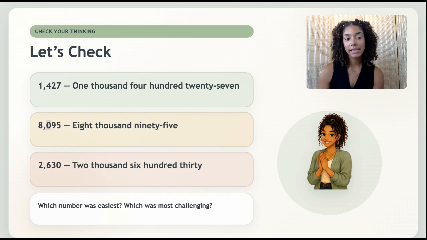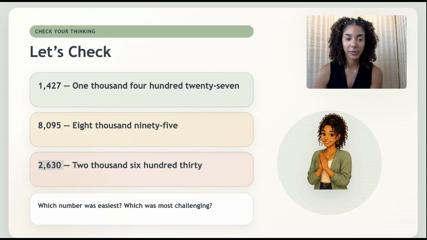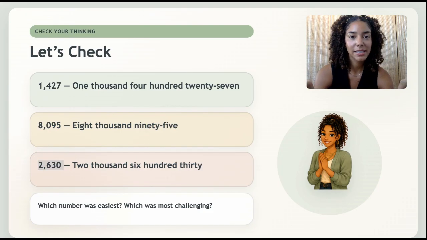We don't have anything in the hundreds place, so we're not going to say hundreds. For our last number, we have a 2 in the thousands, 6 in the hundreds, and 3 in the tens. So the answer is 2,630. Give yourself a thumbs up for each number that you read correctly. Which number was the easiest and which was the most challenging?